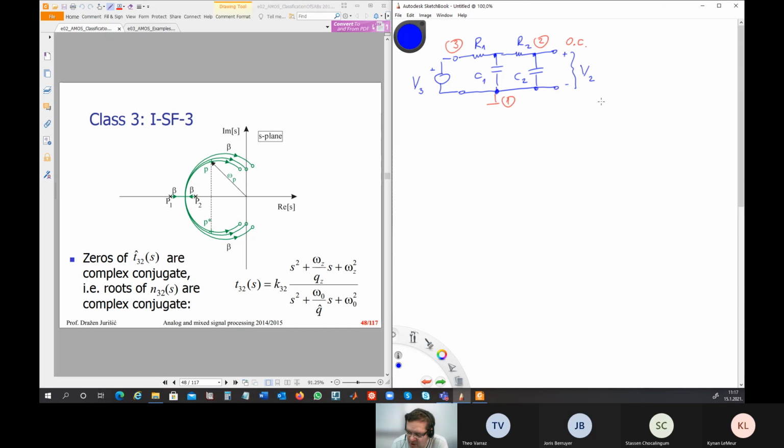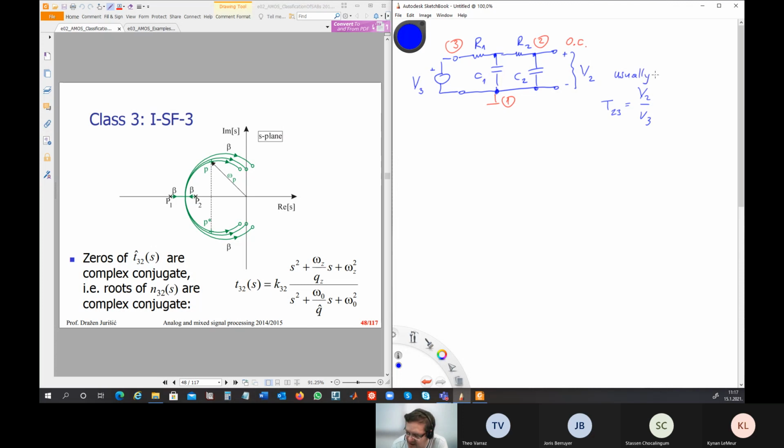Usually we call the transfer function T2, let's say V2 over V3. This is the usual notation, but we will use a different notation.